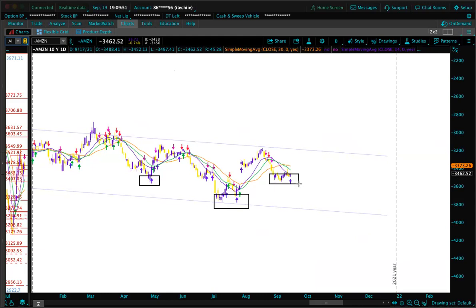Left and right shoulder basically line up together. And then you have your neckline here. Your short becomes invalid under here. It is valid above here.